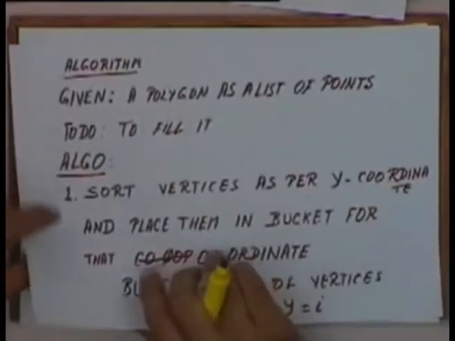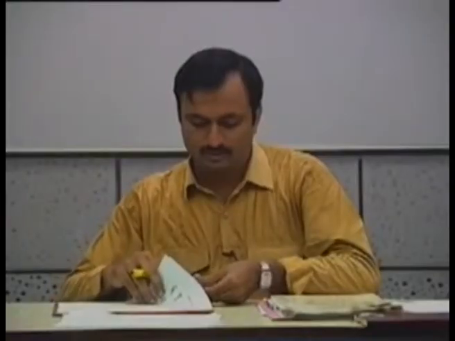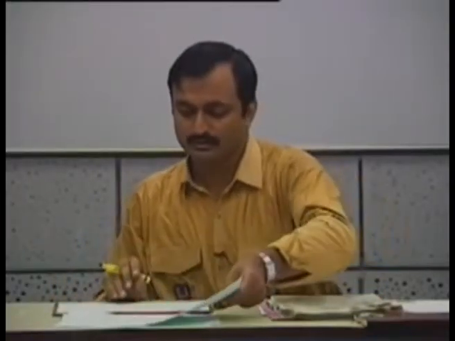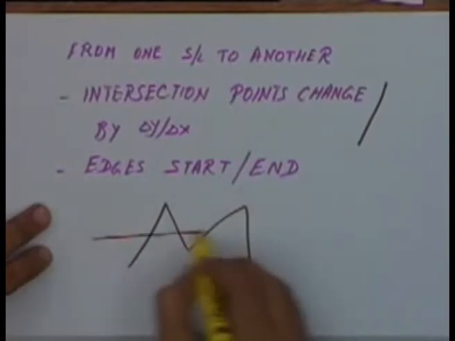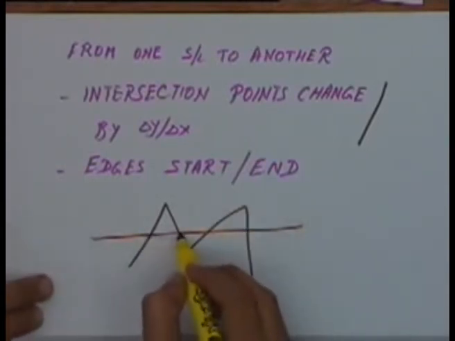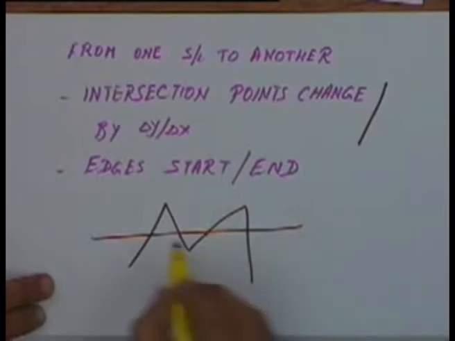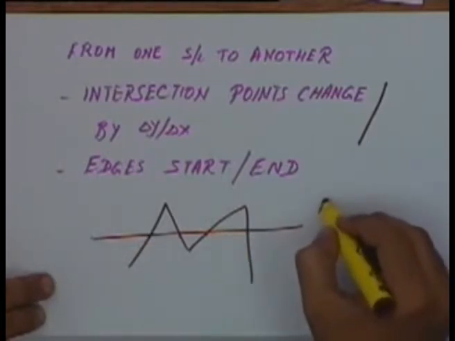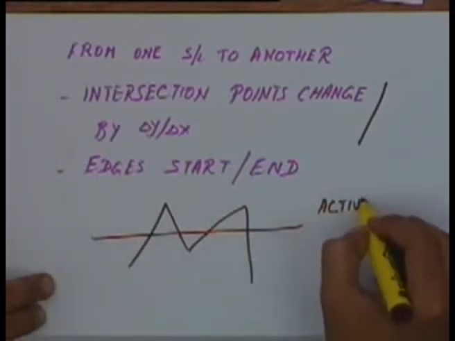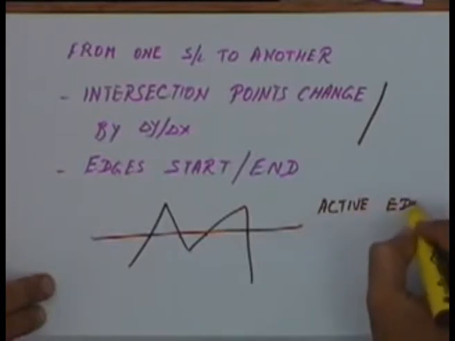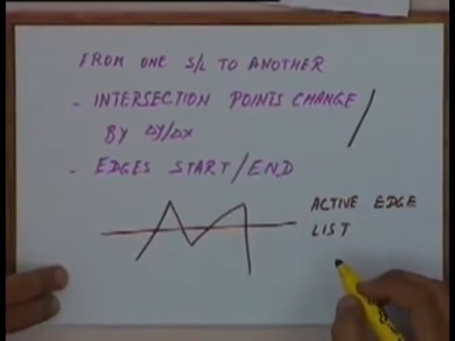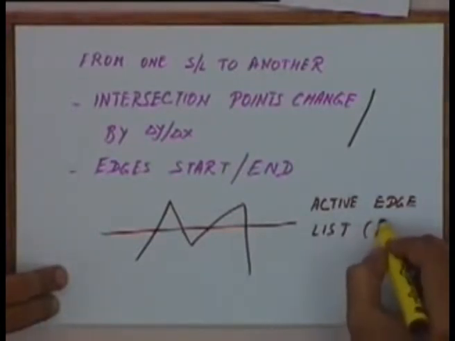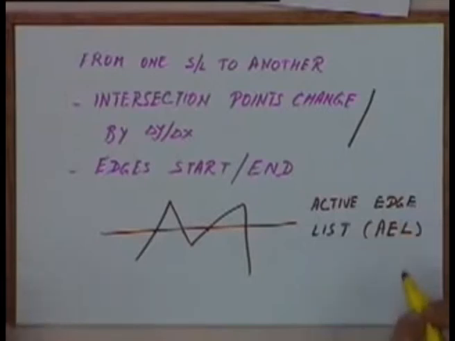The second part of the algorithm will tell us the intersections on every scan line. What we will do is, if we have a set of intersections, we will maintain what is called an active edge list, or we will refer to it by AEL.